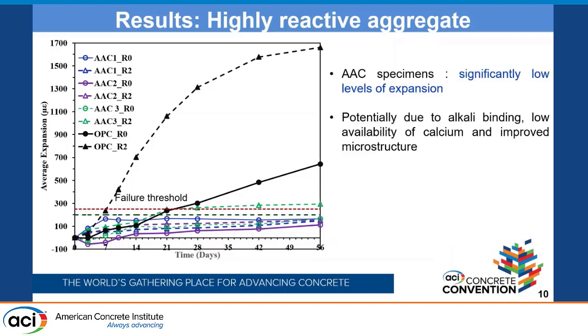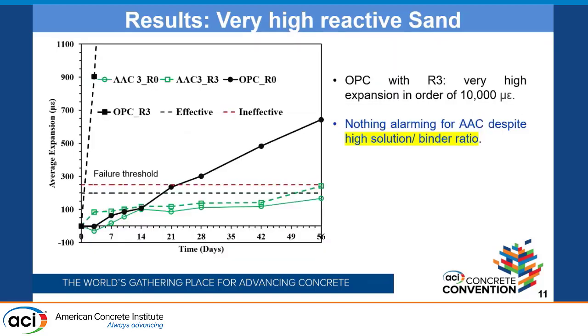The reason for this is potentially that these systems have low availability of alkalis, low availability of calcium, and improved microstructure, which makes them stand out when we compare them with OPC. Surprisingly, for very highly reactive aggregates, OPC manifested expansions as high as 10,000 microstrains, which you can't even see on this plot, whereas the alkali-activated concretes didn't show that much expansion, nothing alarming.